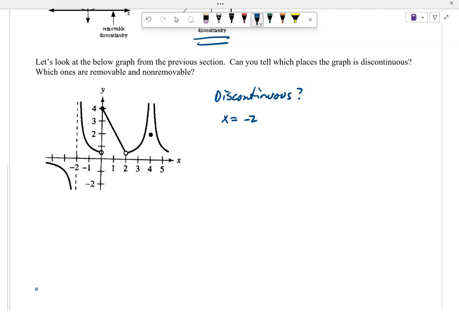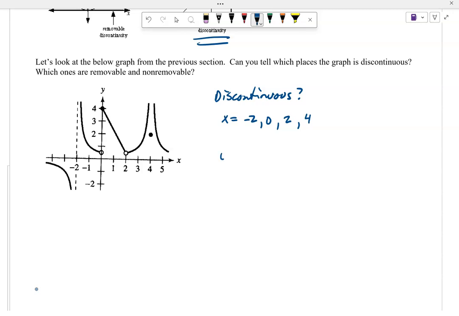Notice the vertical asymptote. At 0, I'm discontinuous. Notice the gap there. At 2, I'm discontinuous. Notice the hole. And finally, at 4, it's discontinuous. Also, I have a vertical asymptote there and a functional value that's different as well. Right? So all those spots.